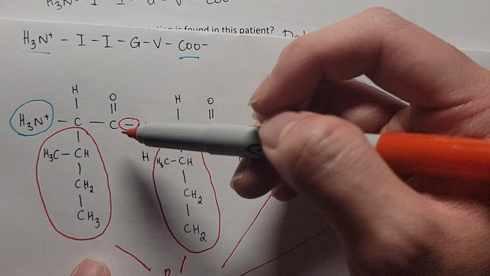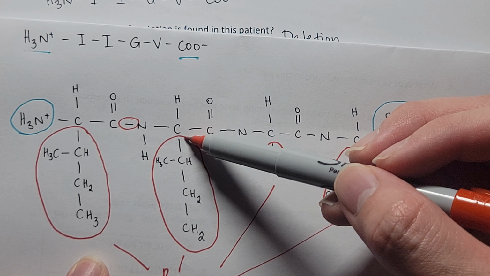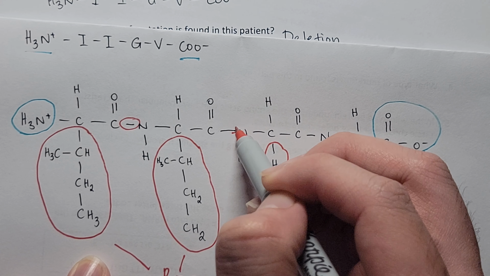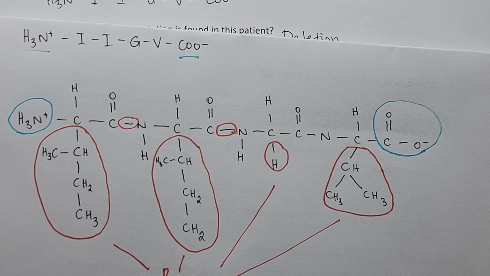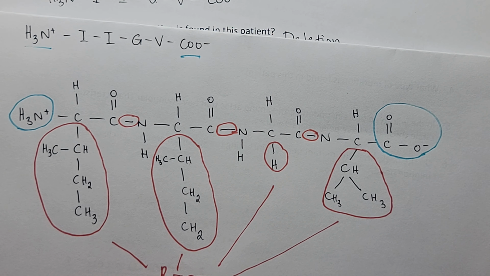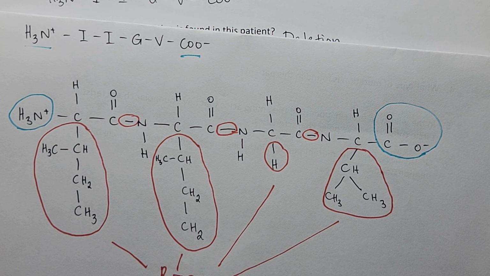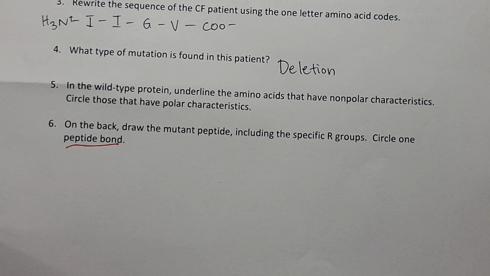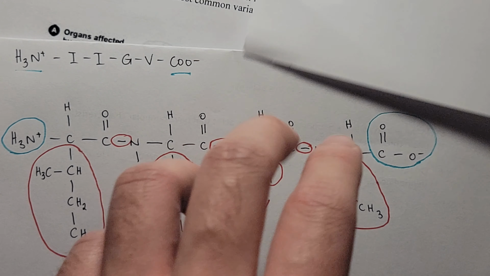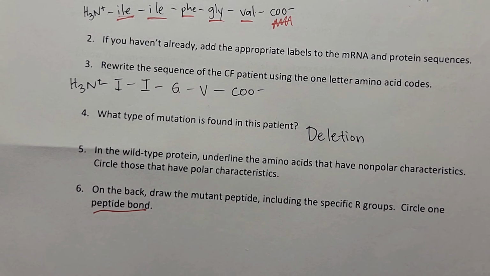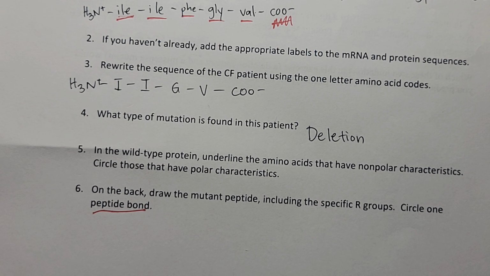Same logic again, we have the amine group over here, central carbon, carboxyl group, and then peptide bond. Same again, peptide bond. So that is what number 6 is asking for. Draw the whole structure and just circle the peptide bond. And this is it.